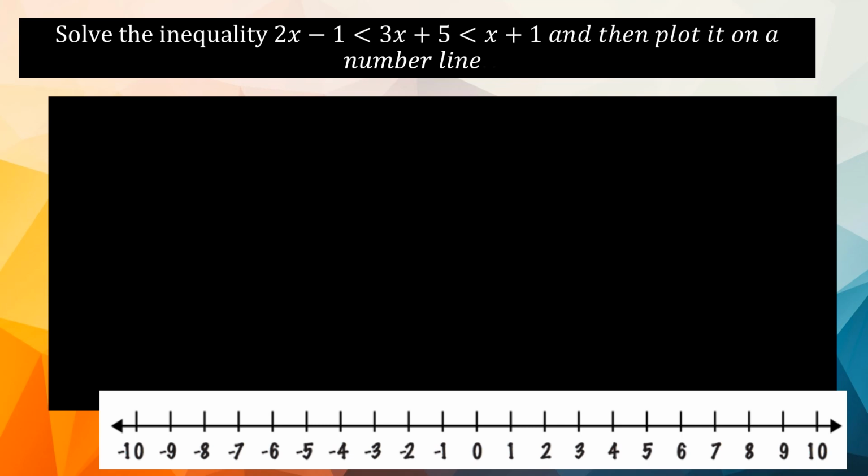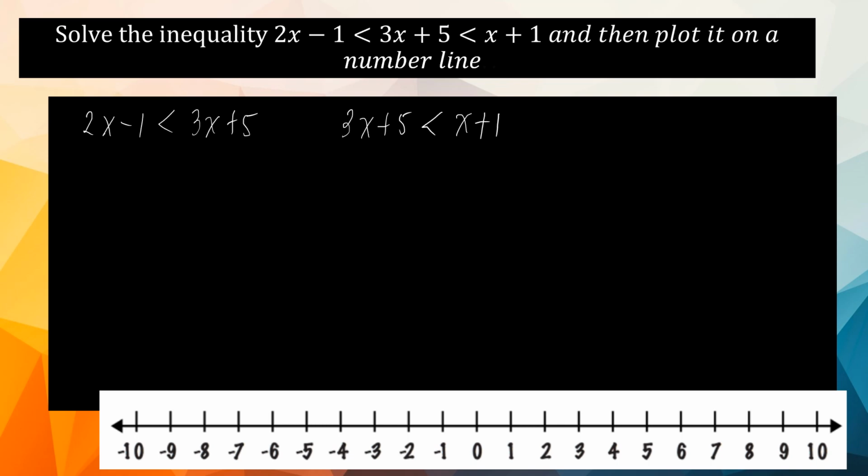For the first inequality, I'll have 2x minus 1 is less than 3x plus 5. And for the other one, I'll have 3x plus 5 is less than x plus 1. So let's solve for x.